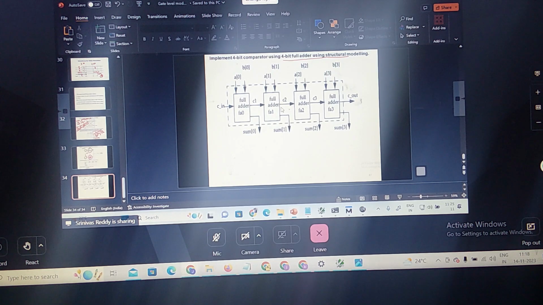Using the 4-bit full adder, you have to design this comparator.